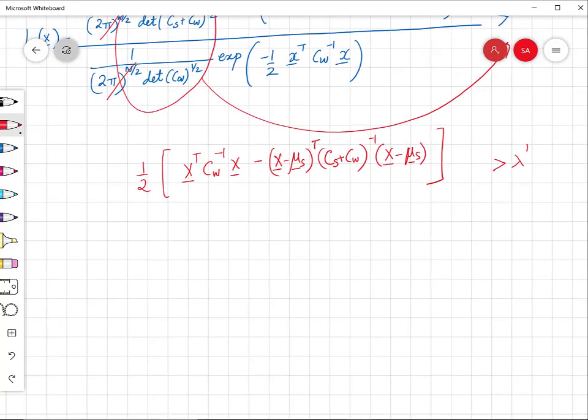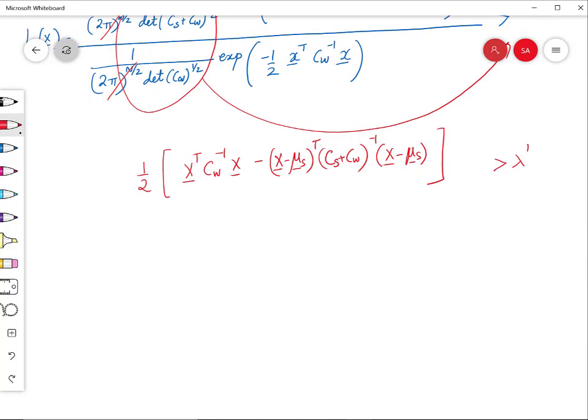Alright, so this is what we get. I can also remove the 2 for the time being, or if you want you can keep it. Let me keep it. Let me expand this bracket here.